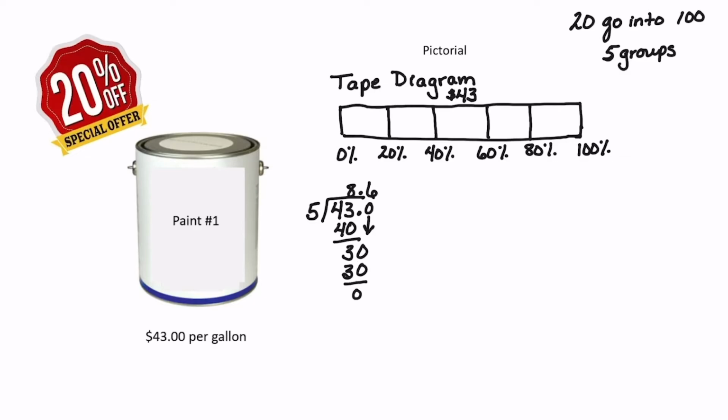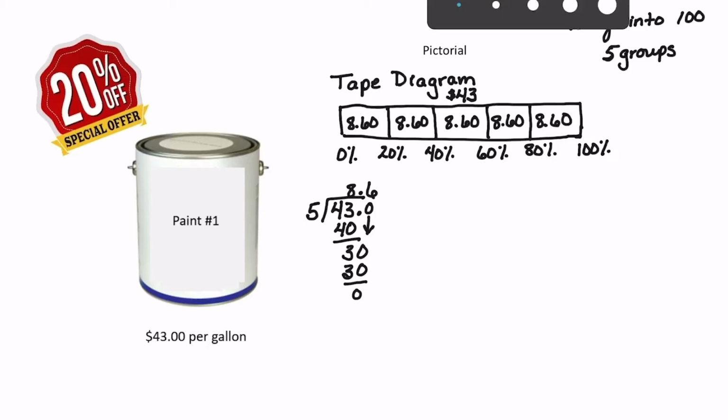Now remember, we're using this to find our discount. So it's going to be 8.6, which really is $8.60. So each of the 20% sections is $8.60. Now, because we have a discount, we need to take off 20%.